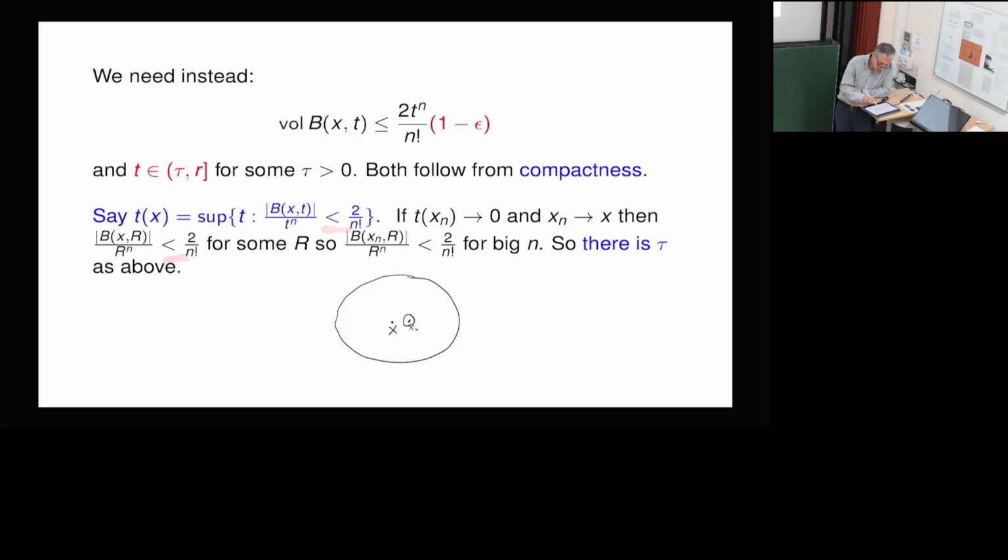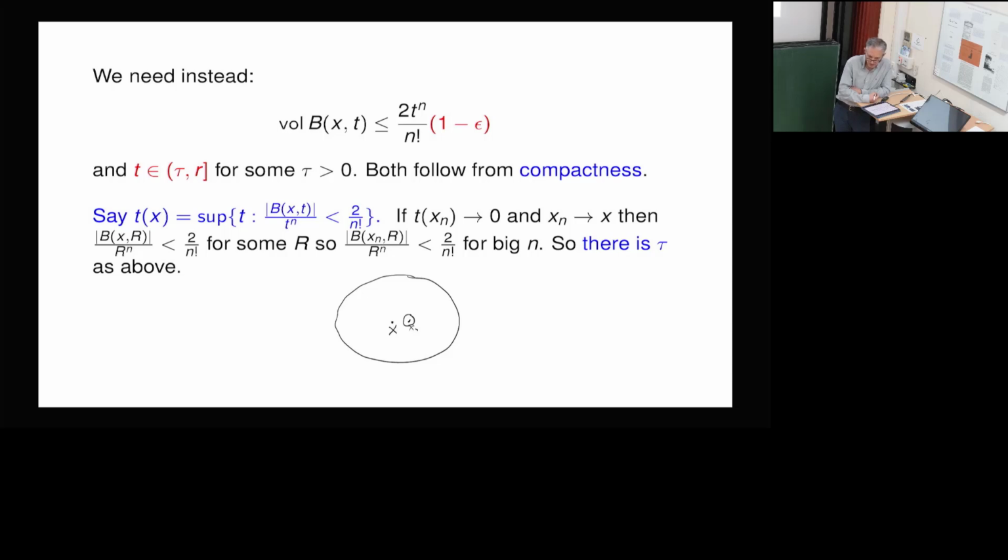And if I go close enough, this volume of B(xn, tn) is going to be nothing, 0, right? And this is strict inequality, so I go close enough so that this strict inequality is going to help me and take the same radius for xn, basically. Okay?